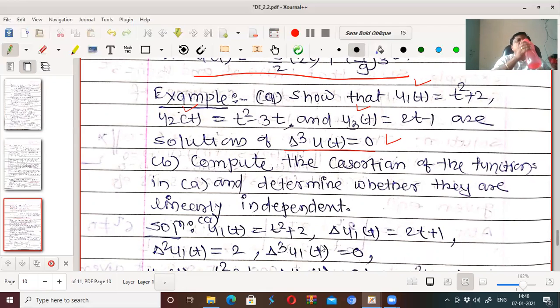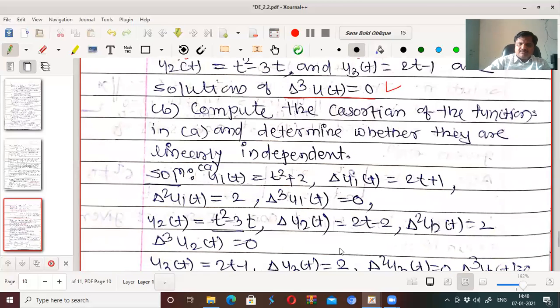Let u1(t) be equal to t square plus 2. Therefore, delta u1(t): how do we find it? It is 2t plus 1.